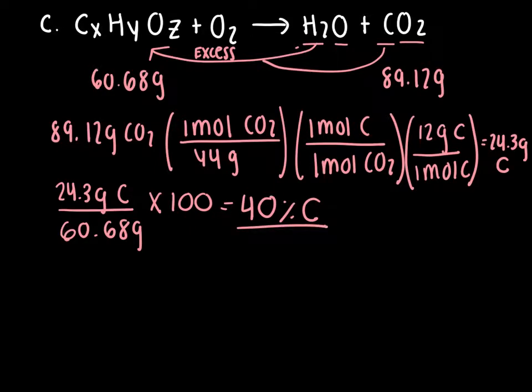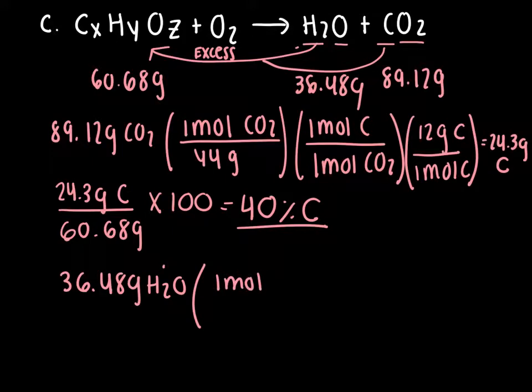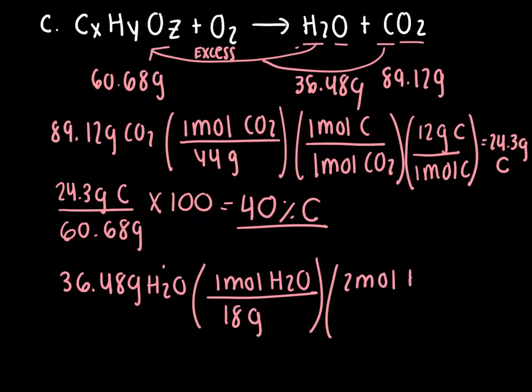So the same concept can be applied to hydrogen. So we will convert grams of water to moles by dividing by the molar mass of water. And then we'll use a 2-to-1 mole ratio to convert moles of water to moles of hydrogen, because there's 2 moles of hydrogen in every 1 mole of water.